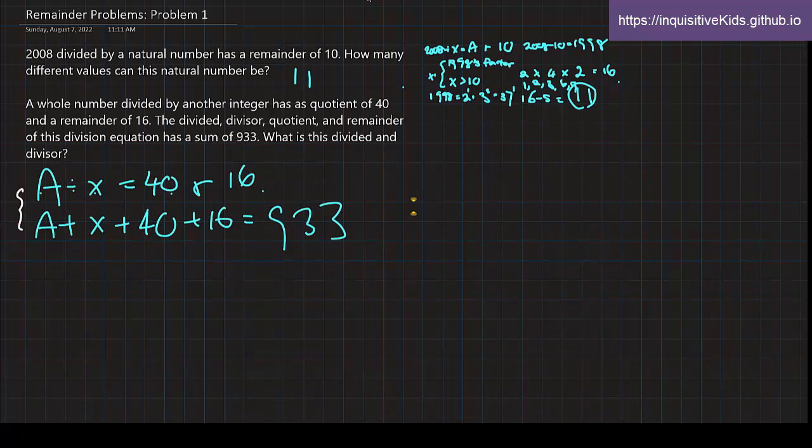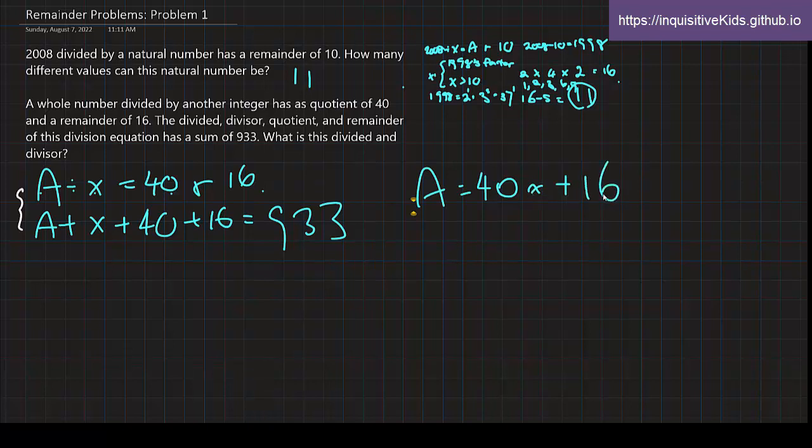Well, we can actually do some substitution here, and it has to do with algebra and systems of equations. So if a divided by x has a quotient of 40 and a remainder of 16, it means that a is equal to 40 whole groups of x plus the remaining 16.